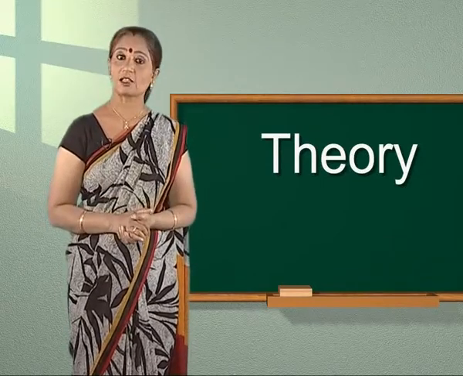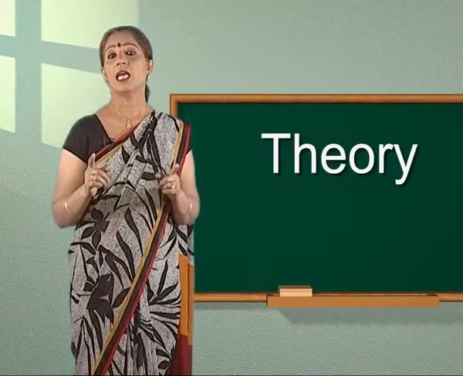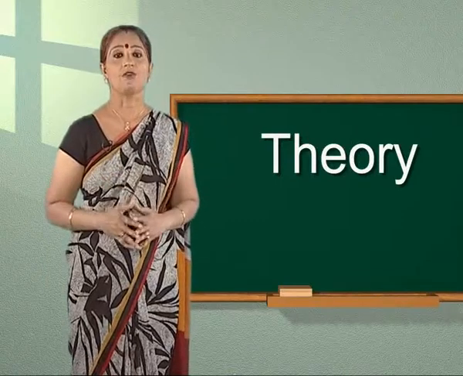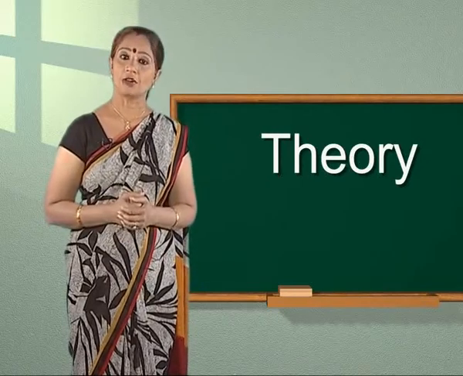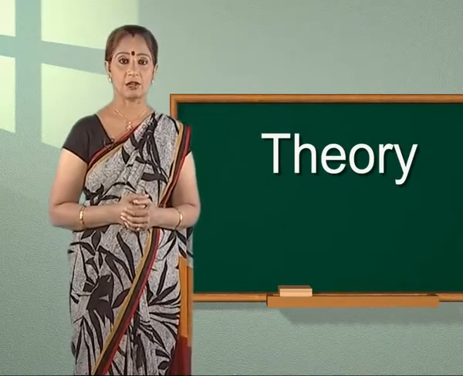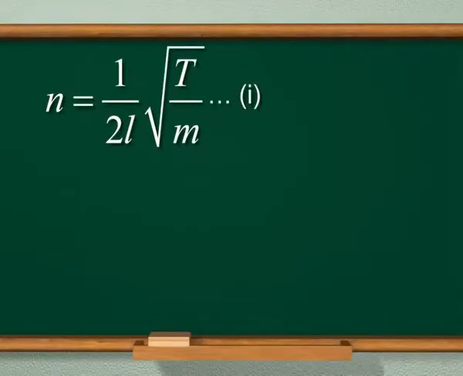Suppose a stretched string vibrates in resonance with a tuning fork of frequency n. Then the frequency of the vibrating string n is equal to 1 by 2L into under root of capital T by M. Here L is the length of the string, T is the tension in it, and M is its mass.